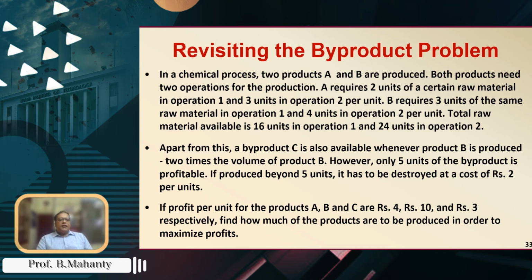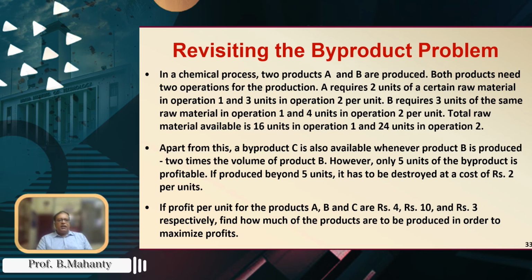In a chemical process, two products A and B are produced. Both products need two operations for production. A requires 2 units of raw material in operation 1 and 3 units in operation 2 per unit.